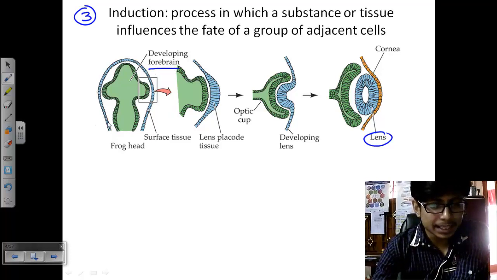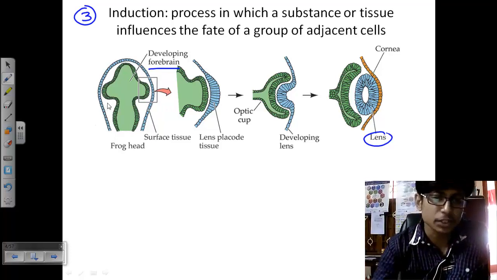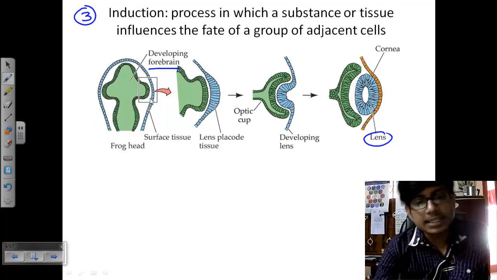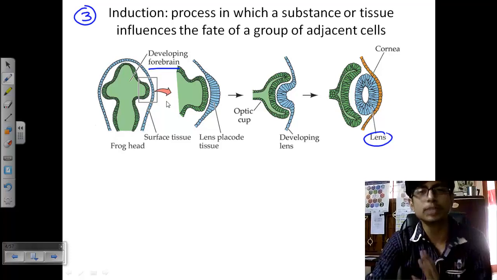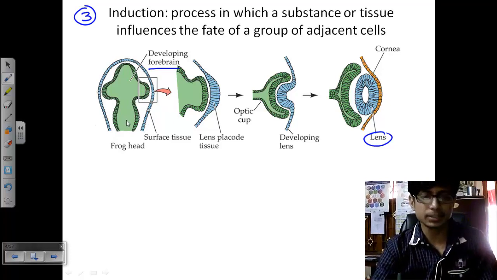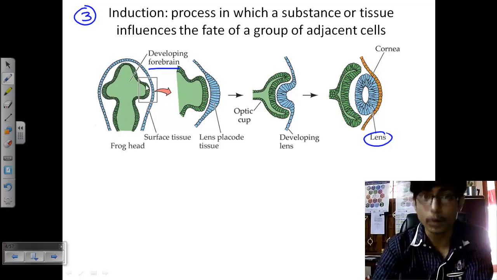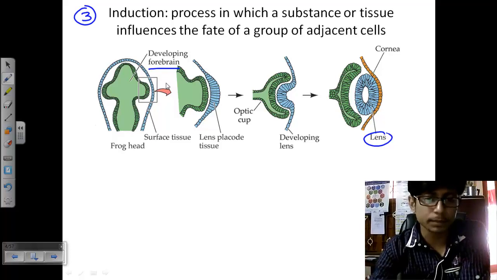And see, it is surrounded by a surface tissue, a simple, thin layer of surface tissue. The surface tissue that is present is not destined to produce any kind of structure yet. But the head structure here is destined to form a forebrain, that means it's destined to form a brain and the front face of the brain.